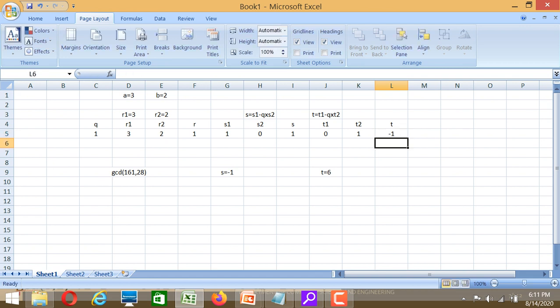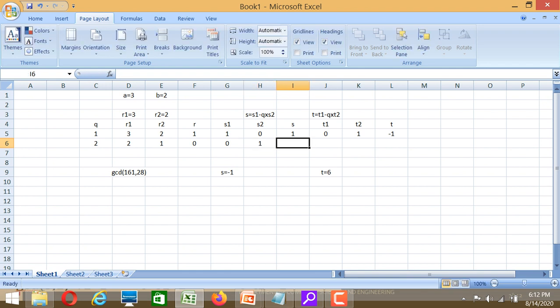Now come to the next step. This R2 becomes R1, 2. This R becomes R2, 1. Then find out the new quotient: 2 divided by 1, the quotient is 2. So R is equal to 0. Now the new S1 is the old S2, which is 0. The old S becomes the new S2, this is 1.